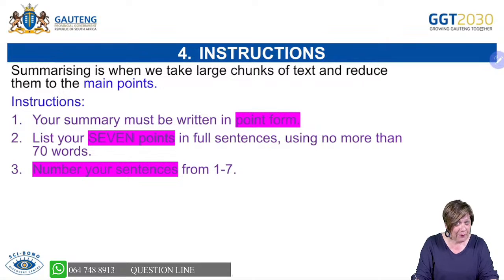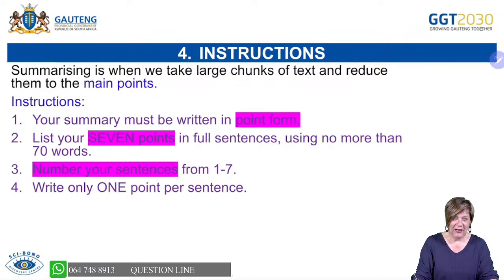Please remember to number your sentences 1 to 7. Remember, only the first 7 will be marked. So if you have 8 sentences, unfortunately, it's a waste. We're only marking the first 7. Only 1 fact per sentence is allowed. So please don't include more than 1 fact.